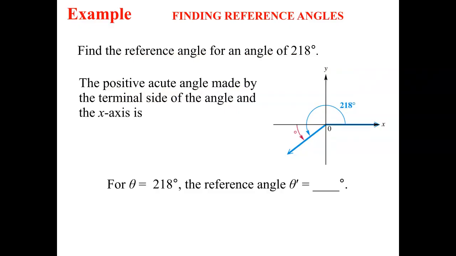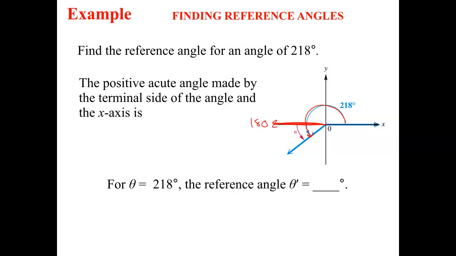So we want to find the reference angle for 218 degrees. So I'm doing a full rotation here of 218 degrees. What is this angle right here, when I have an angle that stops on the x-axis? 180.